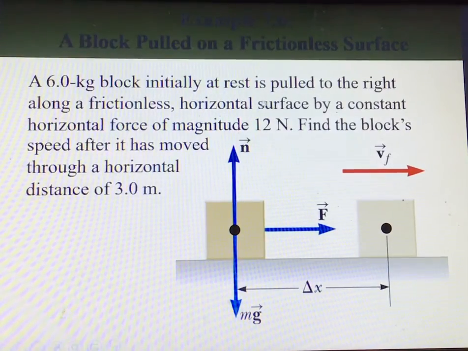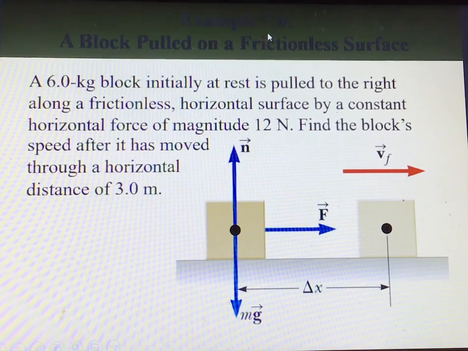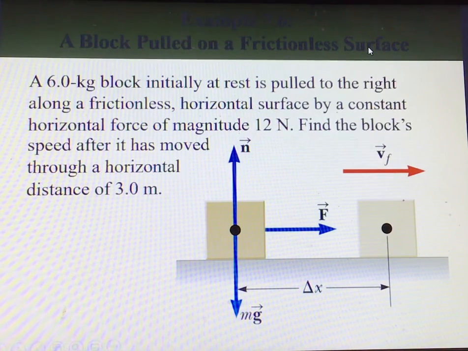All right. So now we're going to look at example number 7.6. In this example, we have a block that is pulled on a frictionless surface. It tells us that the mass of the block is 6.0 kilograms, and then it says that it starts initially at rest.